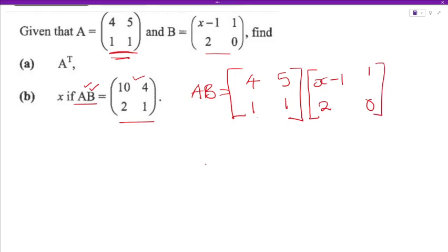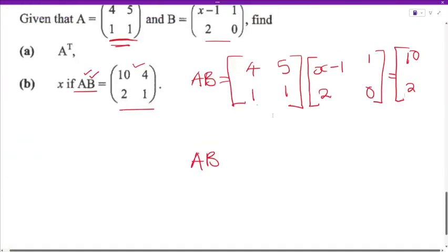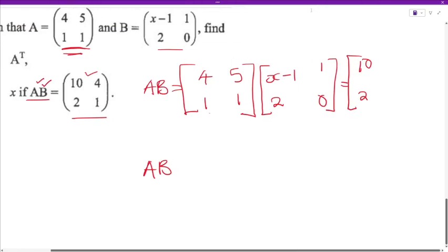So AB is going to be equal to, we need to put an equals there so that we show the resultant matrix. What is the resultant matrix? Remember, I was supposed to add some space, so let me scroll a bit to the right. Sorry about that. Then we have 10, 2, 4, 1.